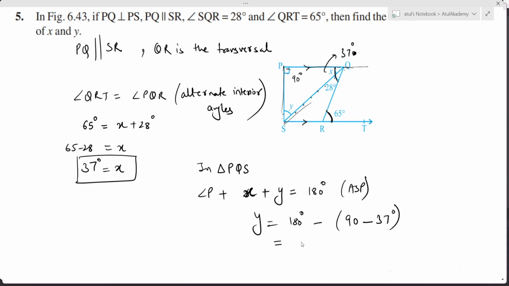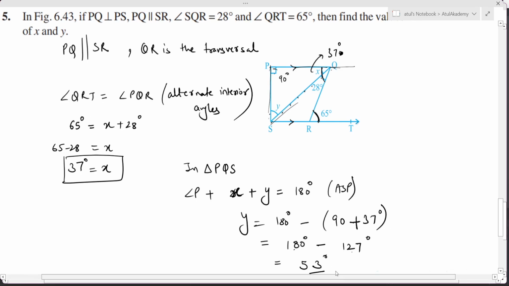Sorry, this is plus. You'll add them both. 180 degrees minus 127. 10 minus 7 is 3. And 7 minus 2 is 5. So 53 degrees. Clear, students? 53 plus 37 is 90 only. We can cross check also. Yeah, that's correct because the sum of the angles of a triangle should come out to be 180 only.